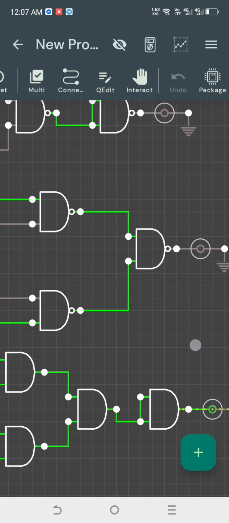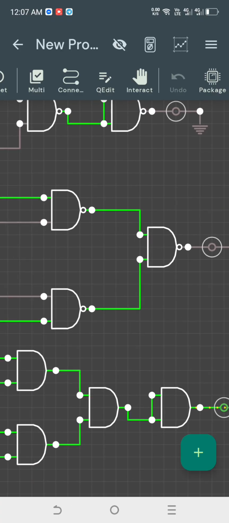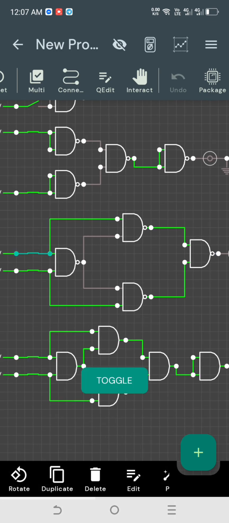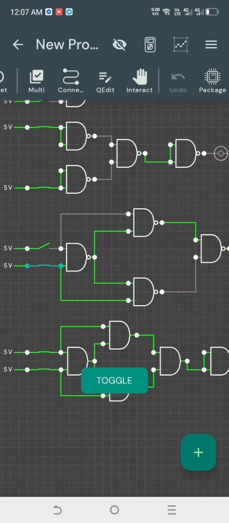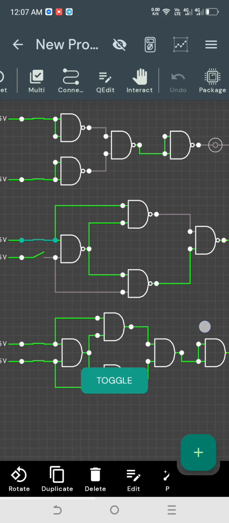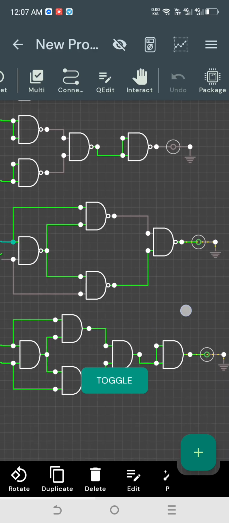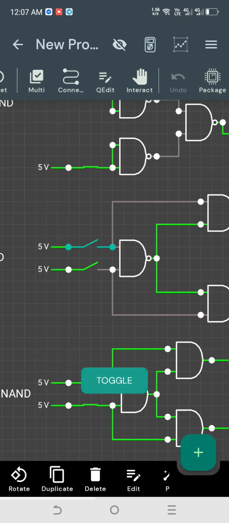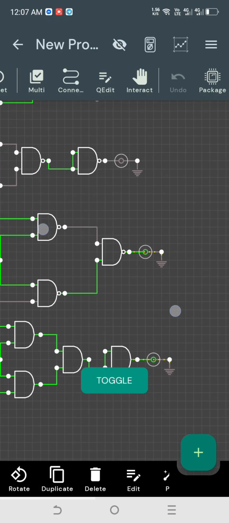Here, both of them are 1. In the NAND truth table, if both are 1, then the output is 0. That's why it will not work. If we want to make it work, then at least one of these switches must be turned off or on. These two switches cannot be in the same state. So that's why this one works.